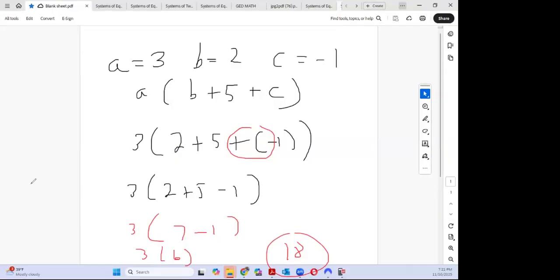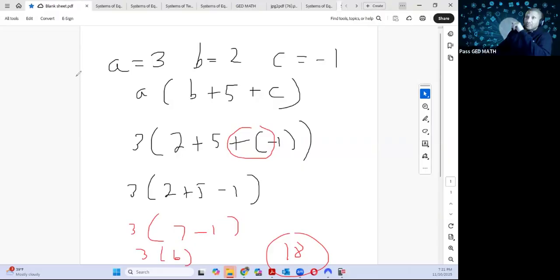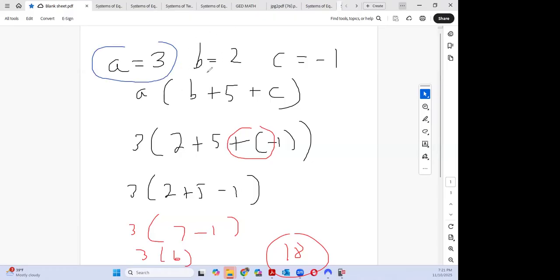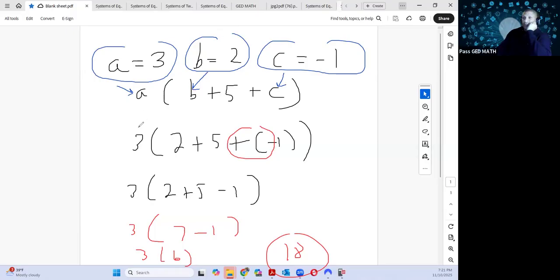Your first step in this equation is A times B plus 5 plus C. All right, I think I answered my own question. The A is the 3 and the B is the 2, which makes me have 5. This 3 is right there.